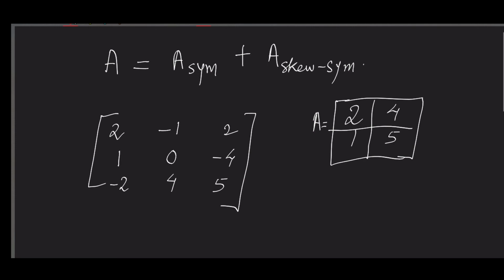Clearly this is not a symmetric one. However, what we can do is represent it as a combination of symmetric and skew symmetric matrix. How? Let us try to show you.